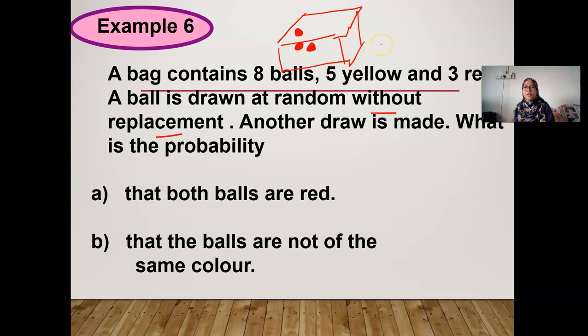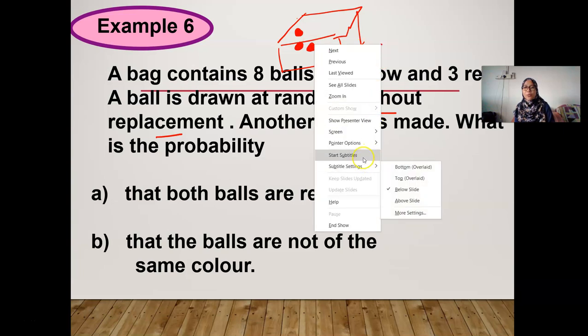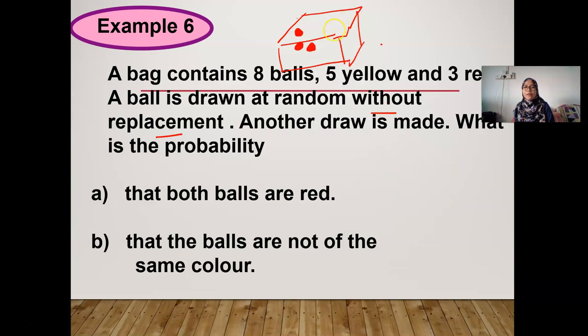And then you have 5 yellow: 1, 2, 3, 4, 5 inside a box. So a ball is drawn at random without replacement. Another draw is made, meaning that you will pick up the balls one by one. After you pick up one ball, you will not put it back. There is no replacement.